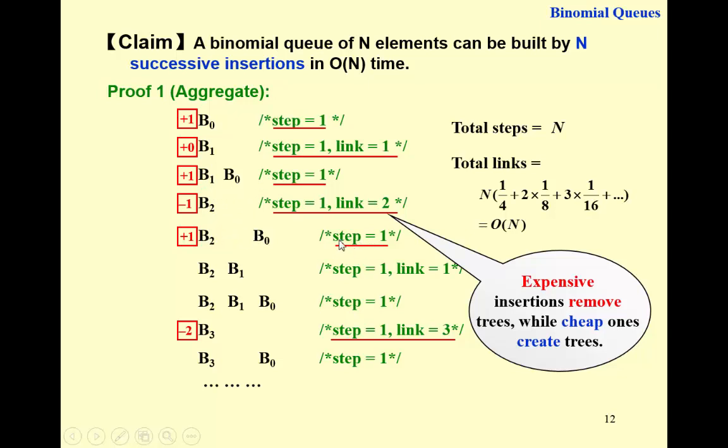If it takes only 1 step to do the insertion, the net increase will be 2 minus 1, that's 1. One more tree is created. And so on and so forth. If the total step is 4, then the net increase will be 2 minus 4, that's negative 2.